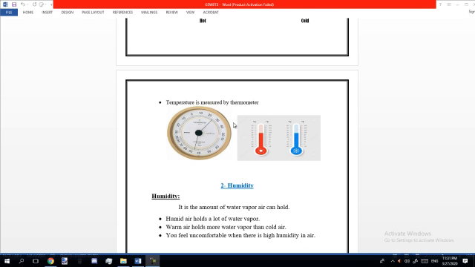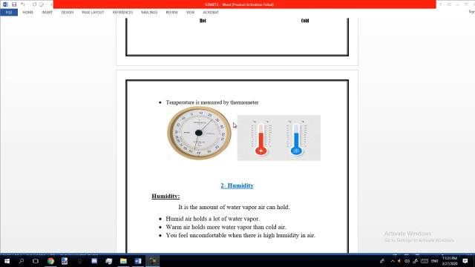Of course, the warm air can hold a lot of water vapor, so you can feel the hot weather more and more, and that's happening in the summer. In summer there is a high temperature, so more water vapor is found in the air. And as we said before, the water vapor is a greenhouse gas.